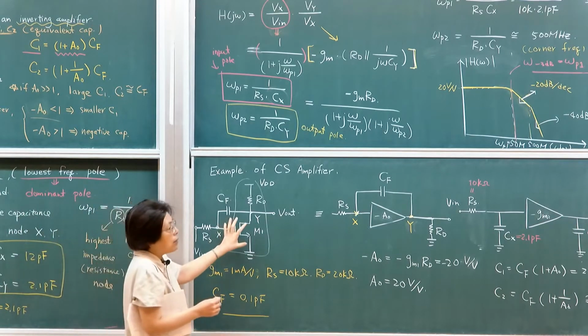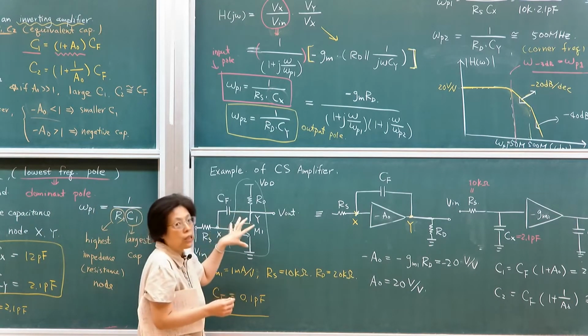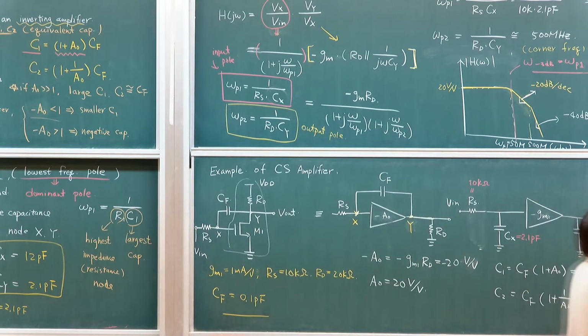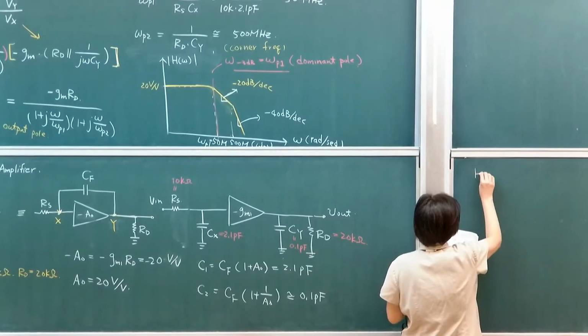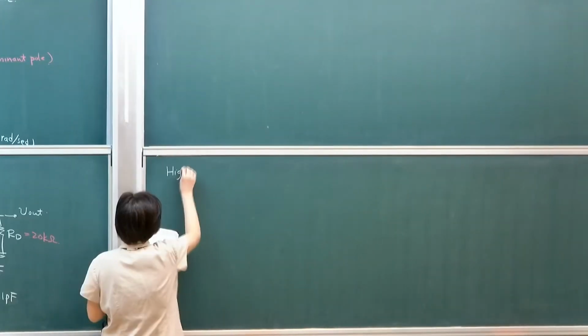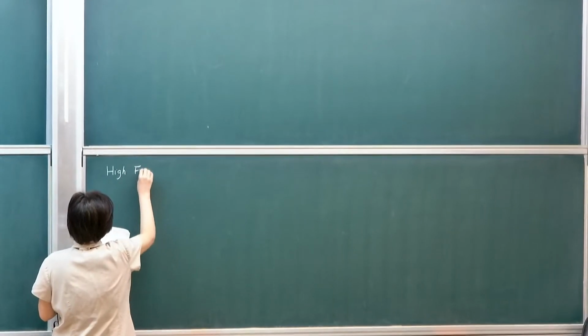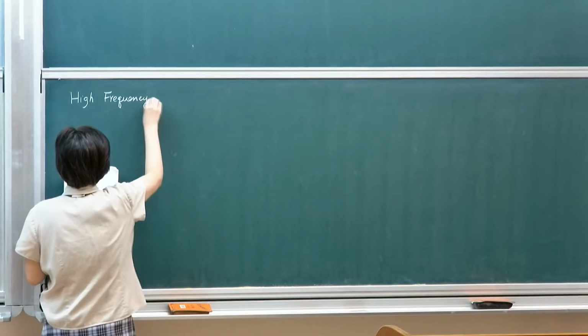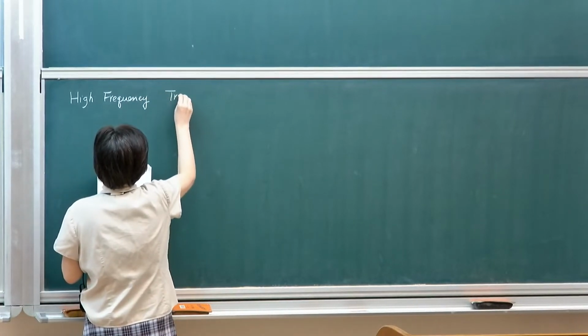Therefore, it must have significant capacitance components within the device itself. So we need to go back to the device analysis a little bit to introduce something called the high frequency model, and spend a little time to start discussion of what we call the high frequency transistor model.